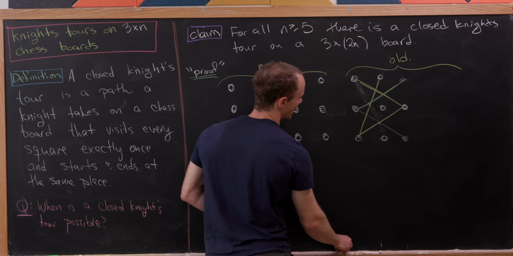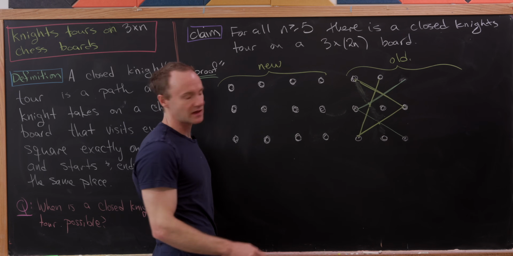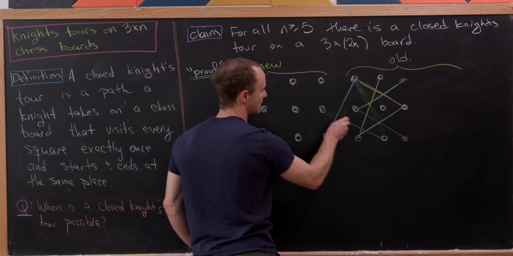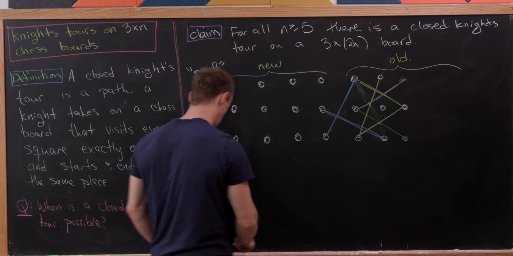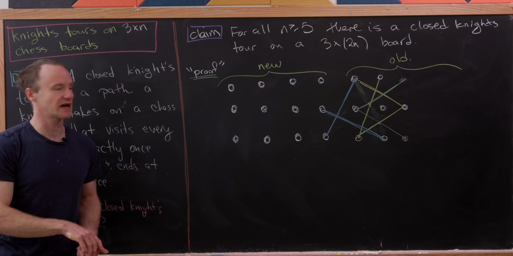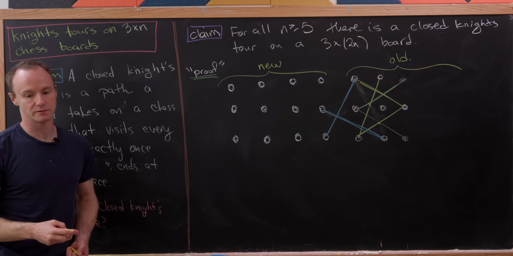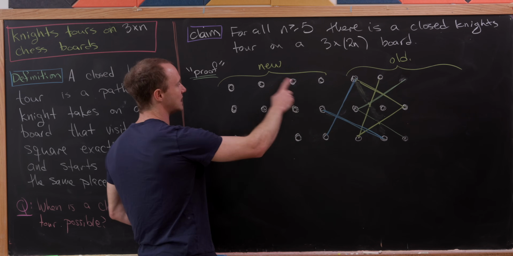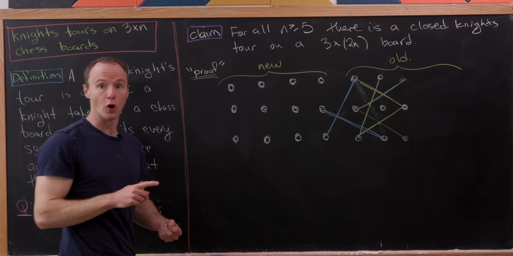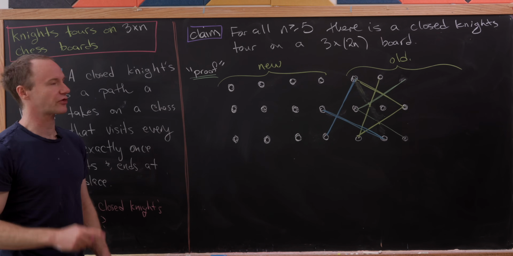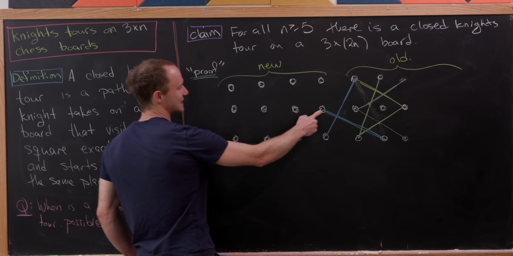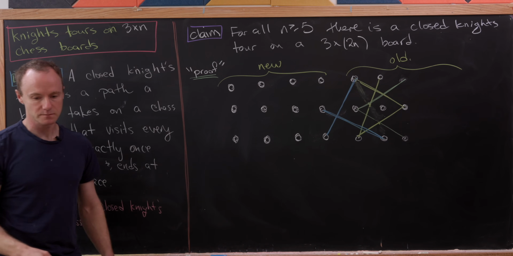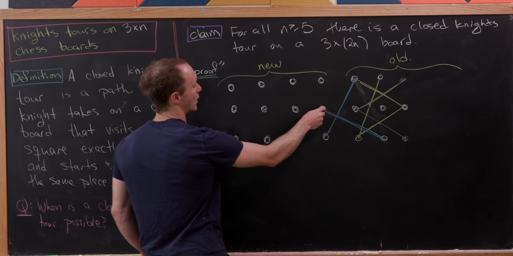Okay, so we're erasing that edge, and then we're gonna make the following 2 connections between the old part and the new part. So there's our connection from old to new. And then after that, the game is to find a new Knight's path, really an open tour through this 3x5 board that has this as a starting point and this as an ending point. Okay, let's exhibit one of those.